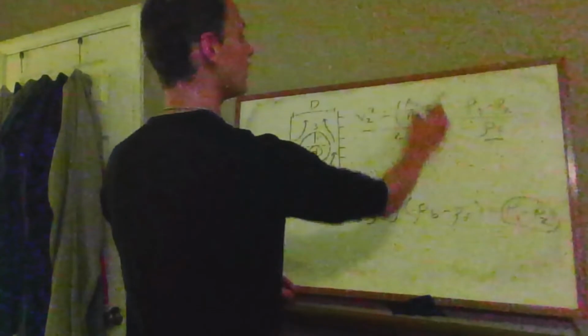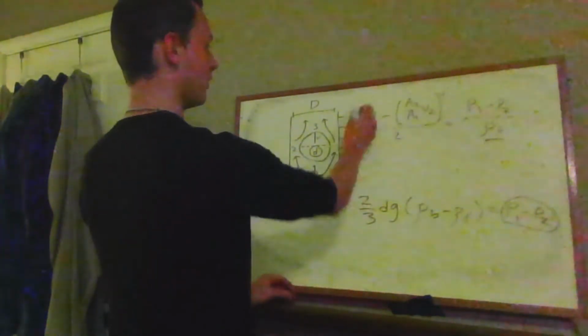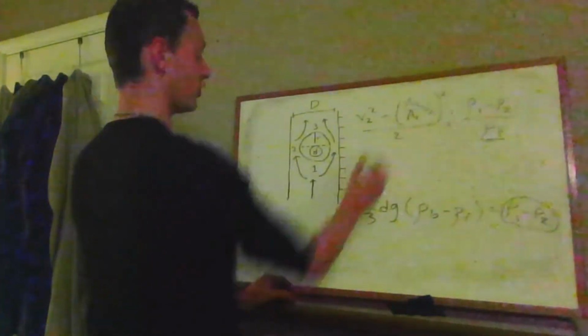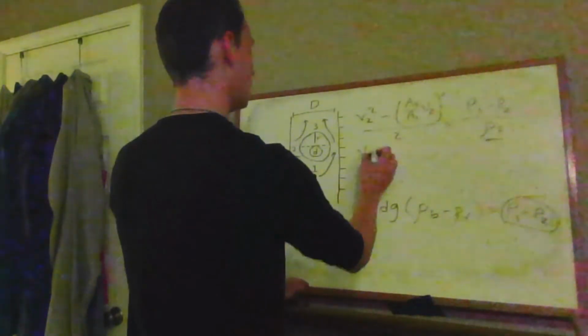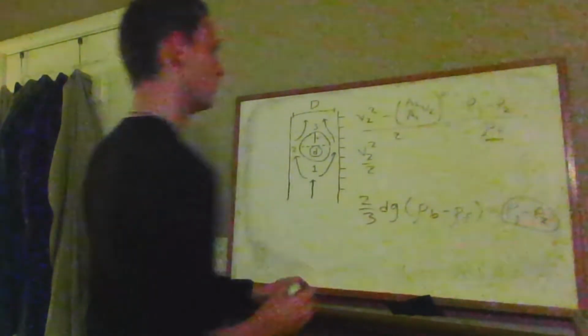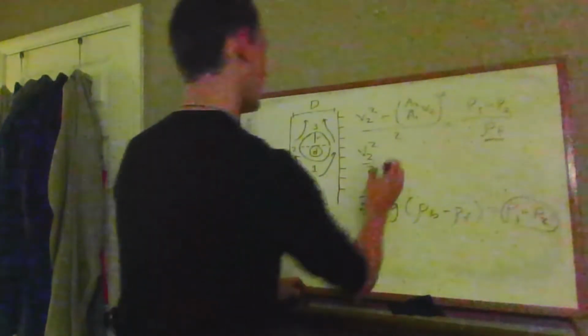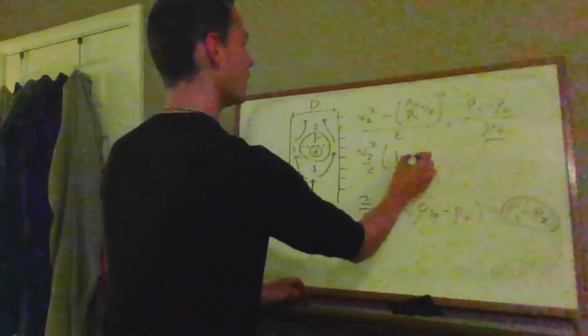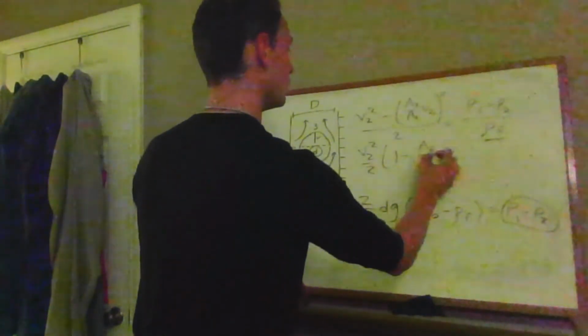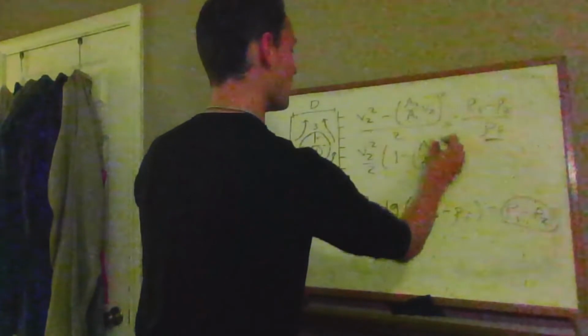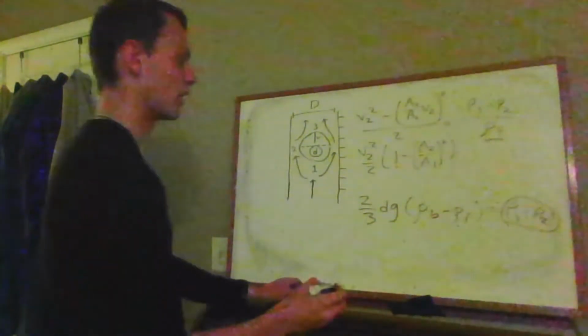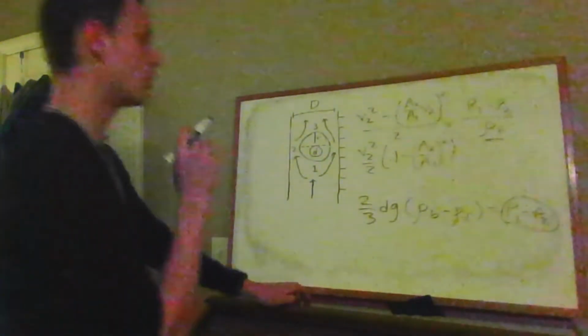So we have a V sub 2 squared over 2 and the V sub 2 squared over 2, so that factors out. And let's see how that might look. So we're going to have 1 minus A sub 2 over A sub 1. Now keep in mind this is still squared. Now what do we want to do with this?